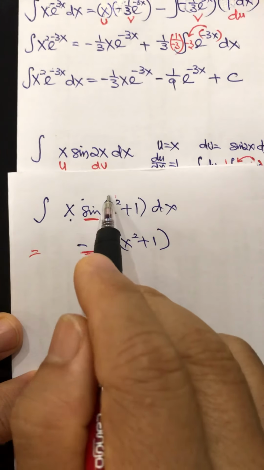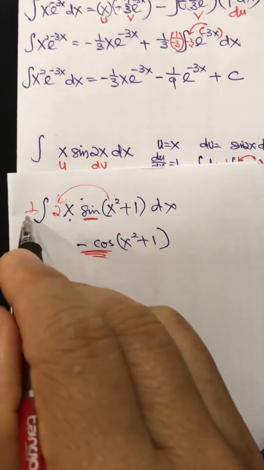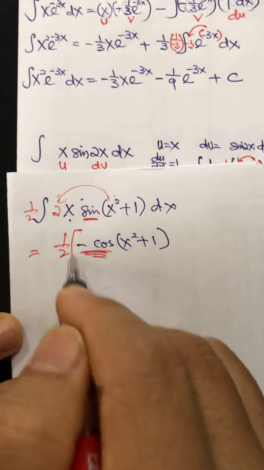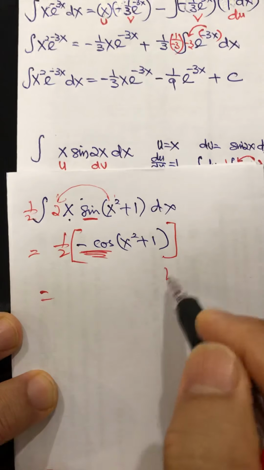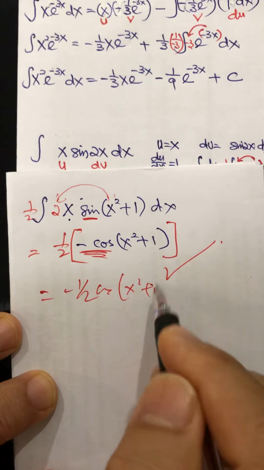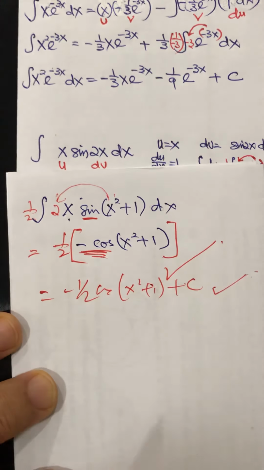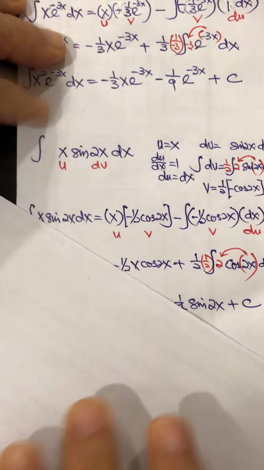And then I differentiate the inside, I get 2x. That means I just have to add a 2. So this is correct. This is 100% correct. Then negative half cos of x squared plus 1 plus c. This is 100% correct.